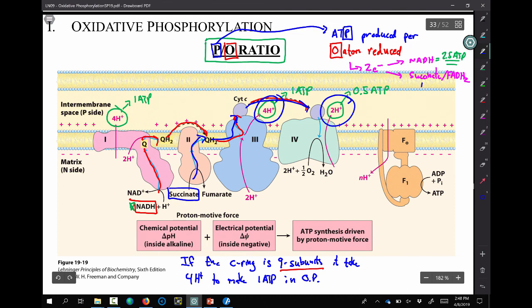So this is equal to 1.5 ATP. So that's where those numbers come from. So you may never have had the P/O ratio explained to you other than just being told this is what they equal. That's where these things are coming from.